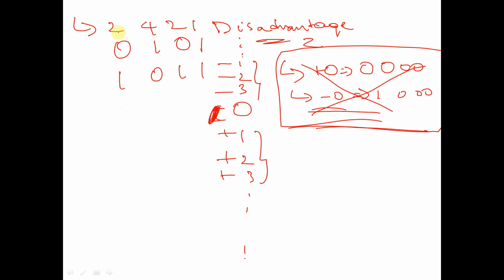There are plenty of questions we can practice. Another way is 2 plus 2 is 4, plus 1 is 5. So this is another representation for 5 in 2421 code.